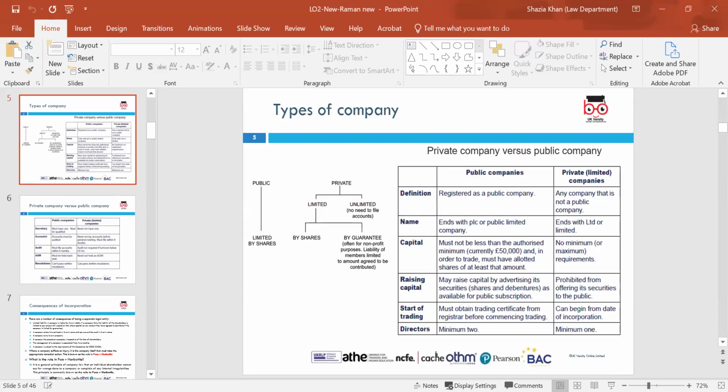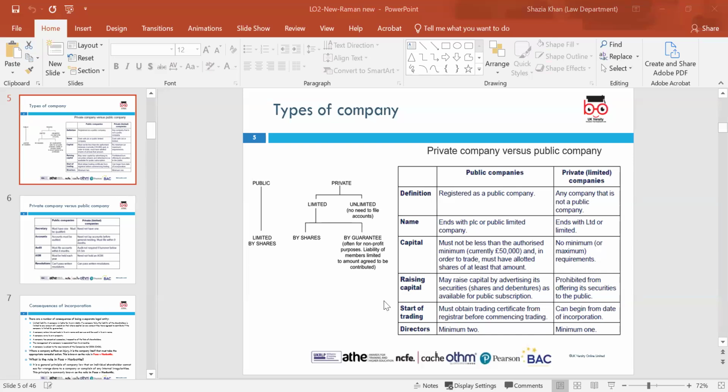So now the types of companies that we have. We have different types of companies. When we look at companies, do they all operate in the same way? No, they don't.